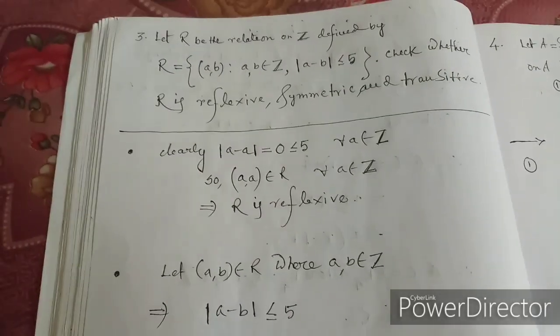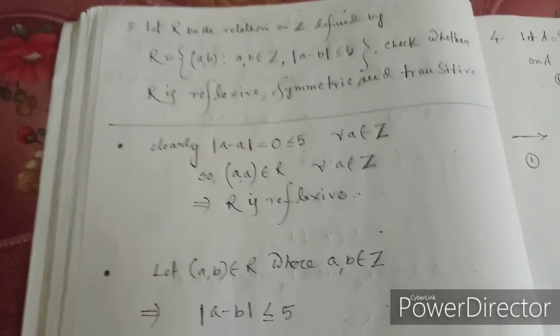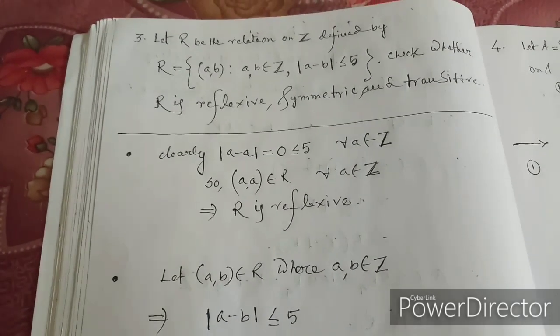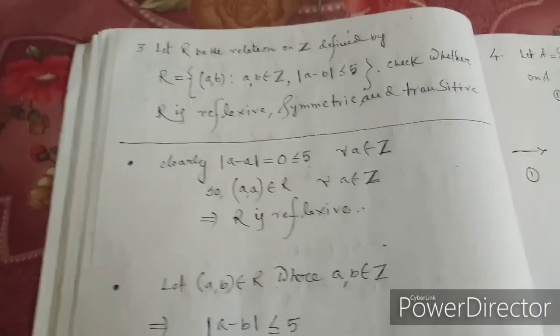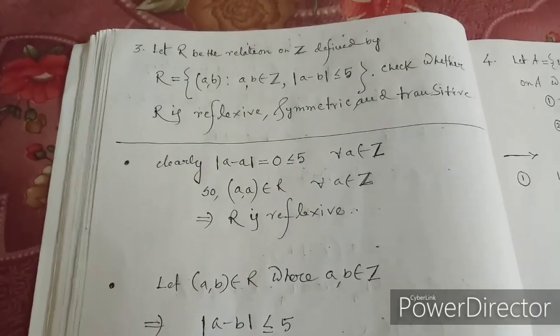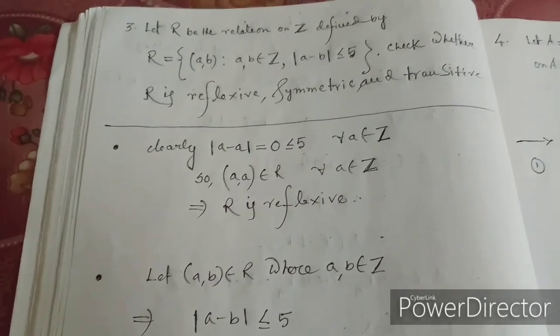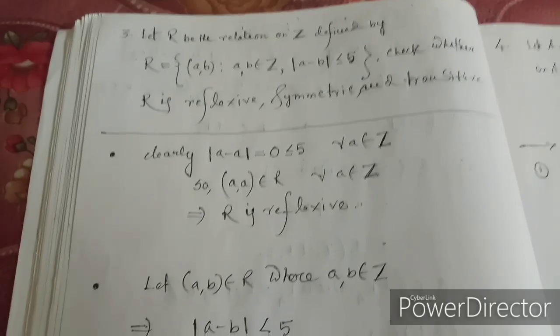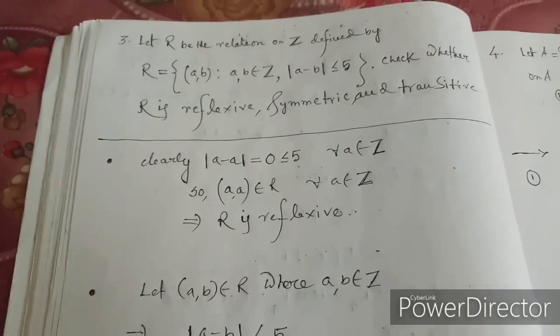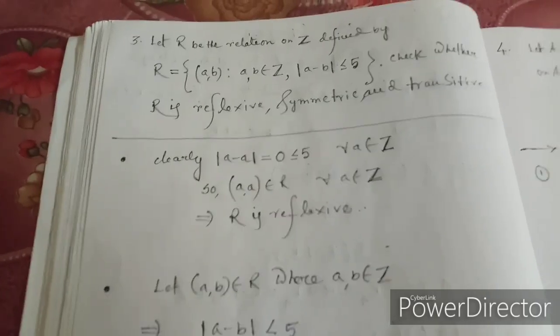So clearly |a - a| equals 0, and that 0 is less than or equal to 5 for all a belonging to Z. That means if we take any a belonging to Z, any element from the set of all integers, a minus a is equal to 0. Or we can choose b minus b, that is equal to 0.